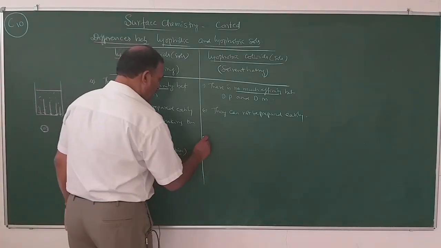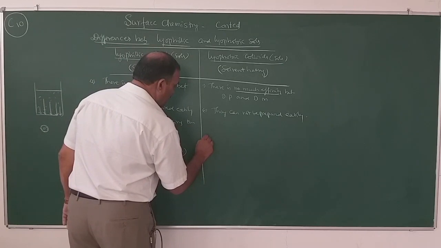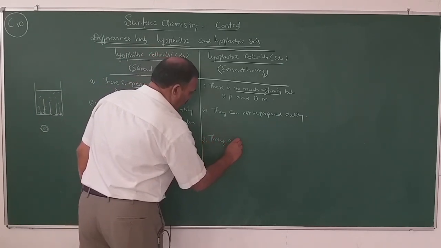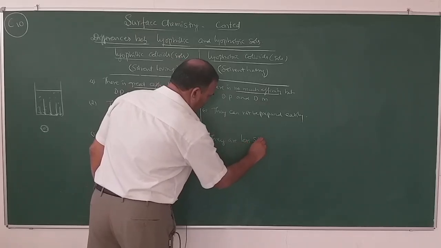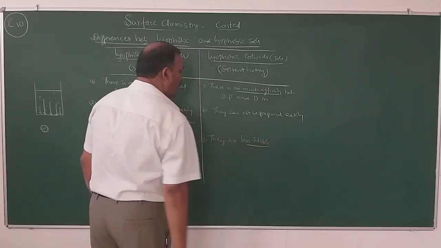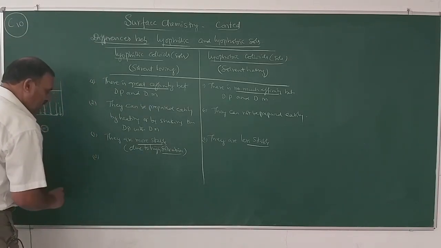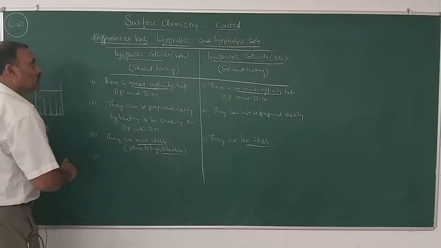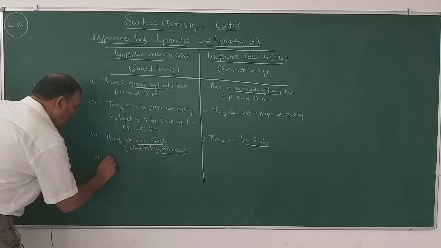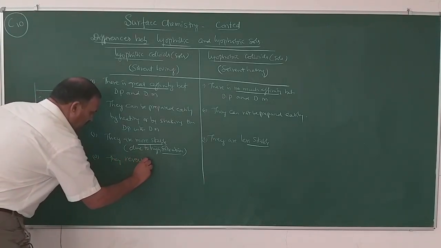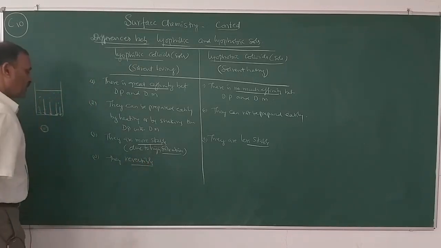Lyophilic sols are more stable. Lyophobic colloids are less stable. The next, fourth difference is that lyophilic sols are reversible. What is the meaning of reversible?